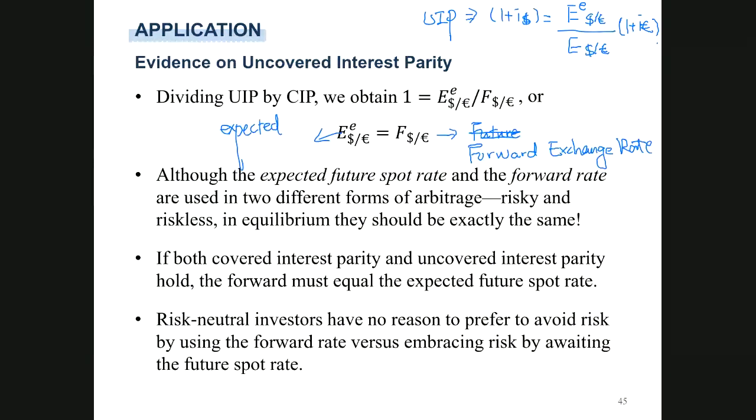That's UIP, right? CIP is equal to 1 plus the interest rate, with the forward exchange rate.